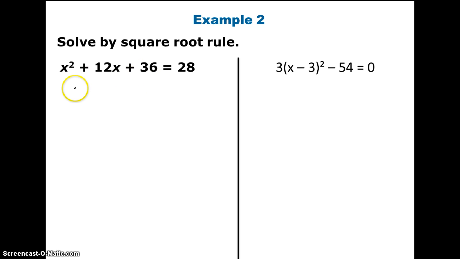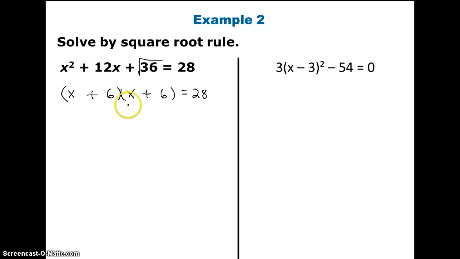When you have a perfect square trinomial, you can factor it, and let me leave the 28 over here. Since this is a 1, I just need an x here. Perfect square number, use the square root of that number, so that's 6, the square root of 36. We use the sign in the middle of the trinomial, so plus and plus.